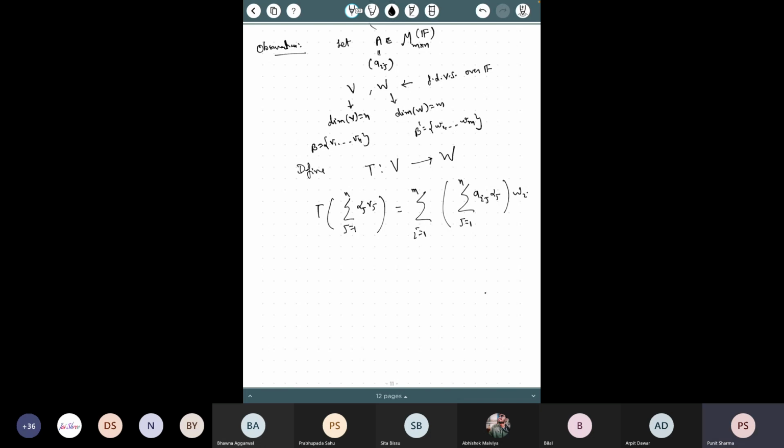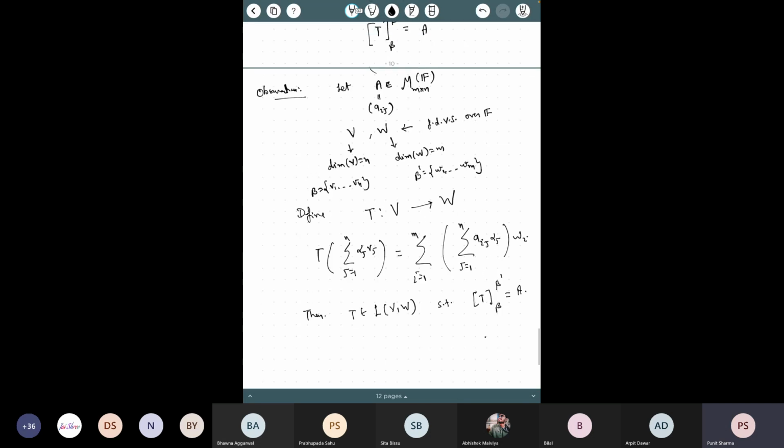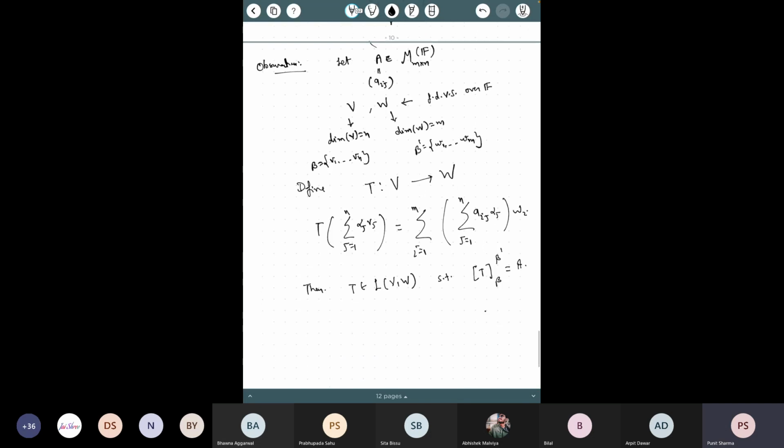Then you can verify that this T is a linear transformation from V to W, such that the matrix of T with respect to B and B dash is the given matrix. So whatever be your vector spaces V and W, once you have two bases B and B dash, there is a way to define a linear transformation from V to W such that the matrix of T with respect to these two bases is the given matrix.